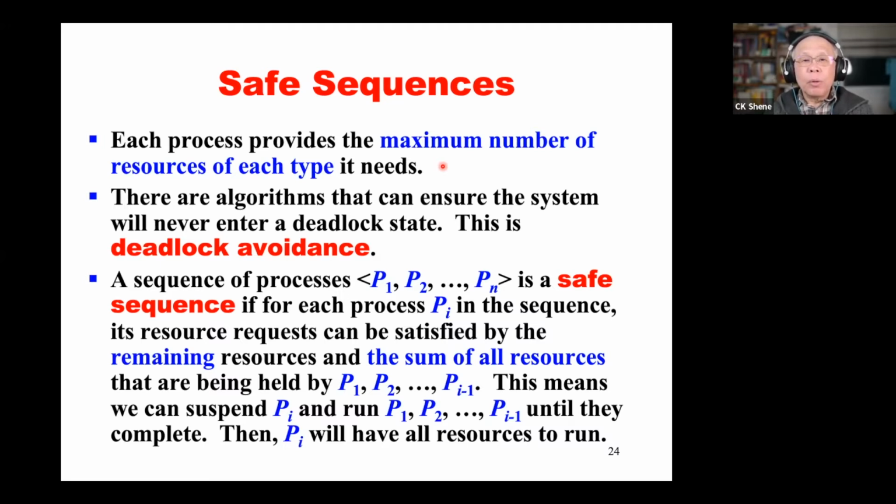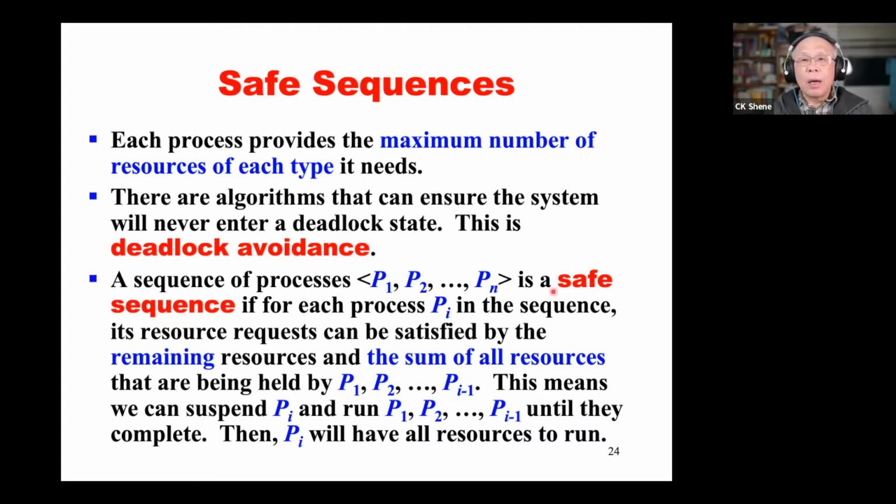So before your process runs, it must provide this maximum number of resources of each type it needs, even though you don't use all of them at the same time. Now, there are algorithms that can make sure the system will never enter deadlock state. This is deadlock avoidance.